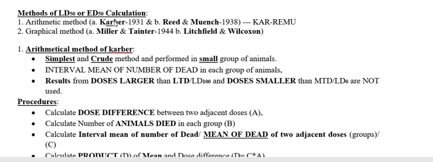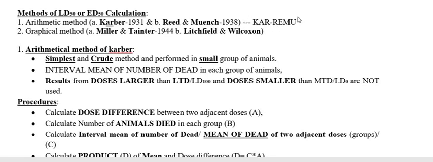Under the arithmetic method, two scientists' methods are more popular. The first is the arithmetic method of Carver, and the other is the arithmetic method of Reed and Munch. First is the arithmetic method of Carver for calculation of LD50, whereas the other one is the arithmetic method of Reed and Munch for calculation of LD50.